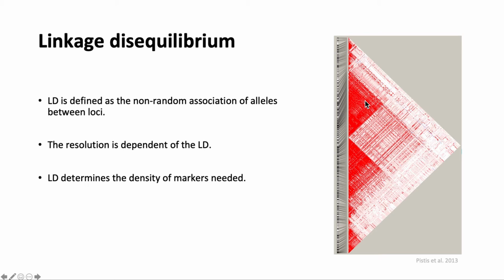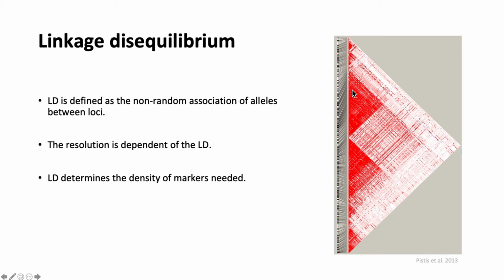That is going to hurt the resolution of association mapping, because one of the reasons that we use association mapping is to collect all the historical recombination events, but when the LD is high, we are not going to have a really high resolution.